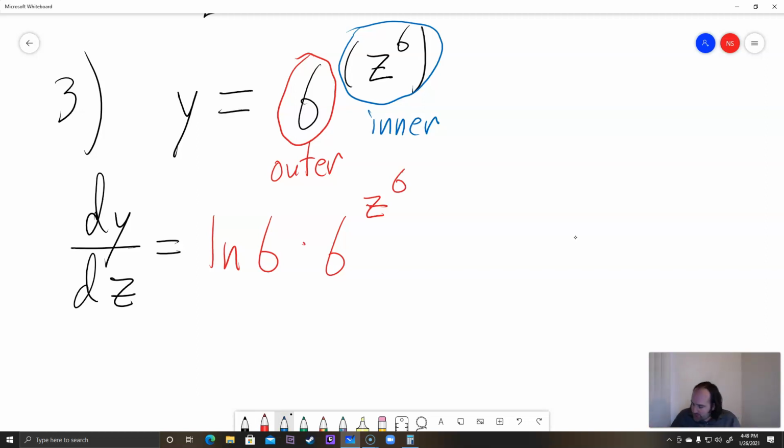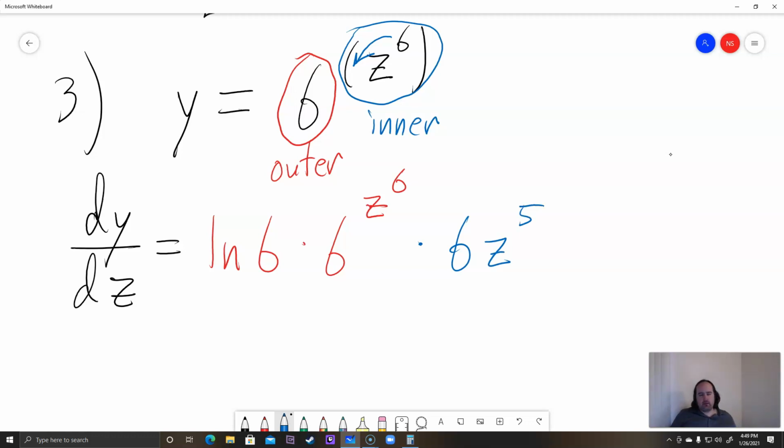And now we multiply this times the derivative of the inner function, the derivative of z to the 6th, which, using the power rule, we just bring the exponent out front and decrease it by 1. So we bring this 6 out front and decrease it by 1, so it becomes 6z to the 5.